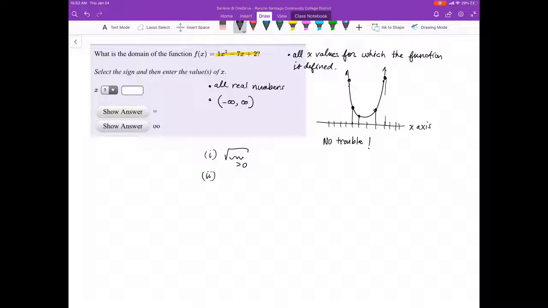We also had some sort of rational function like a fraction, right, where we know, oops, this denominator can't be 0, and we had to exclude values. But in this case, with polynomials or quadratic functions, they're all real numbers, and their domain is negative infinity to infinity. So in this case, we would just select the drop-down menu to be equals, and then the answer we would enter as infinity.